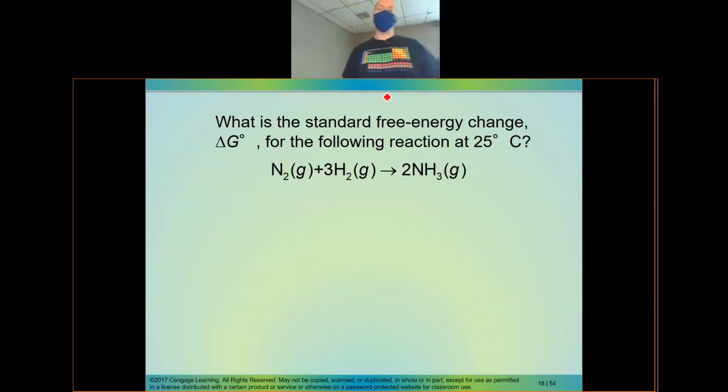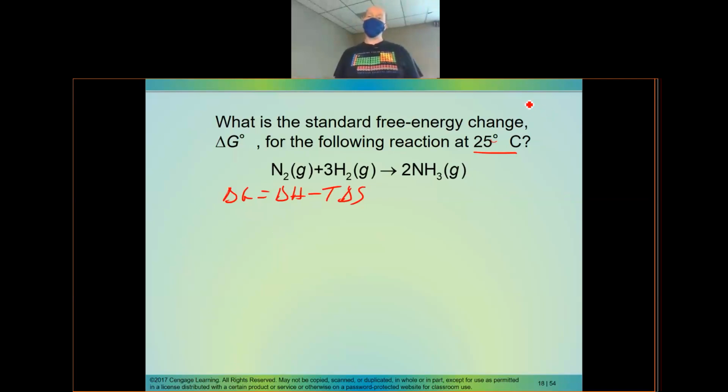So this one, we want to find the delta G of this reaction at 25 degrees Celsius. You can always find your delta G by taking your delta H minus your T delta S. You would have to do it this way if they didn't give you a delta G chart, if they only gave you a delta H and a delta S chart. That works at any temperature that they give you.